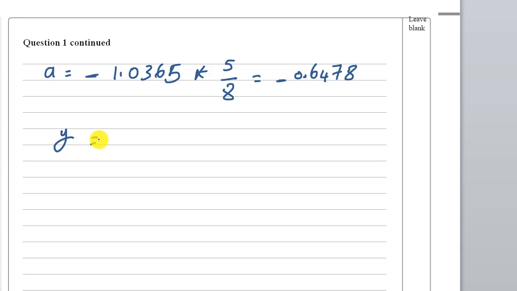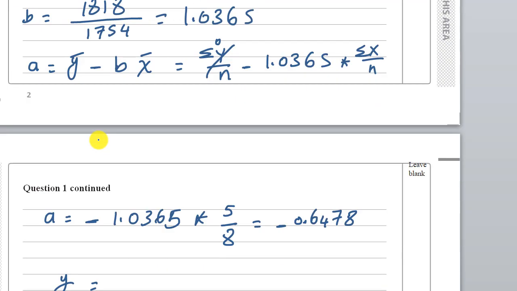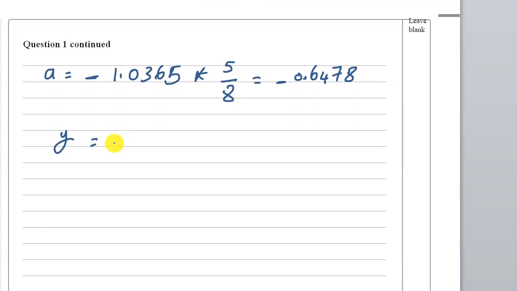So y is equal to minus 0.6478 plus 1.0365x.